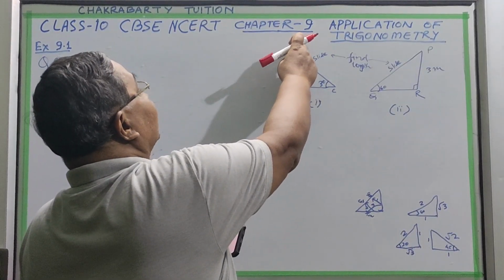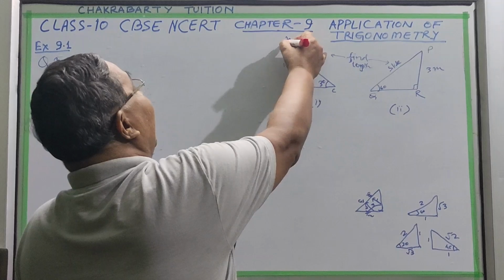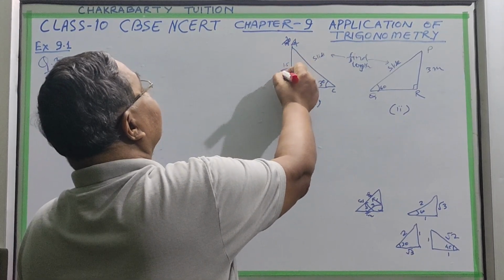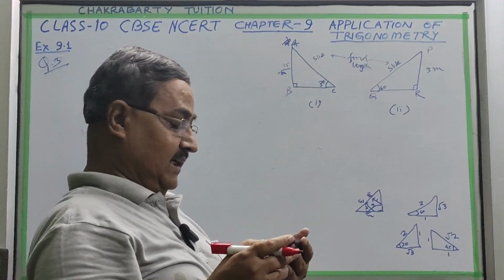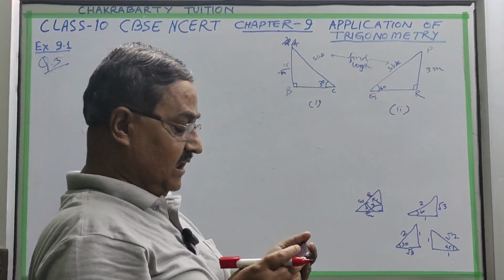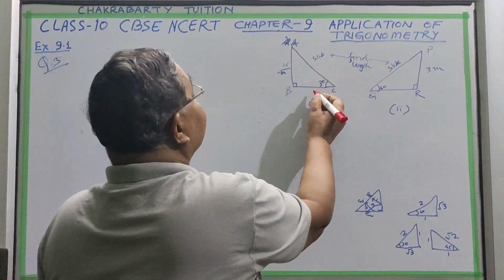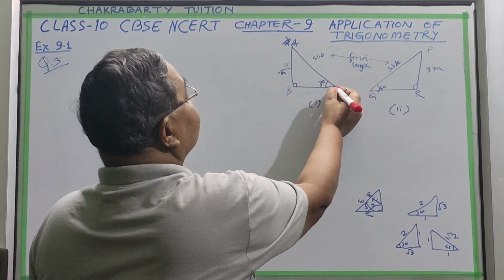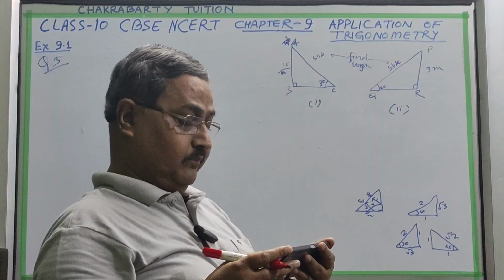This is the top of the slide, at 1.5 meter, and it is inclined at an angle of 30 degree to the ground. This is your ground, and it is inclined at 30 degree to the ground.